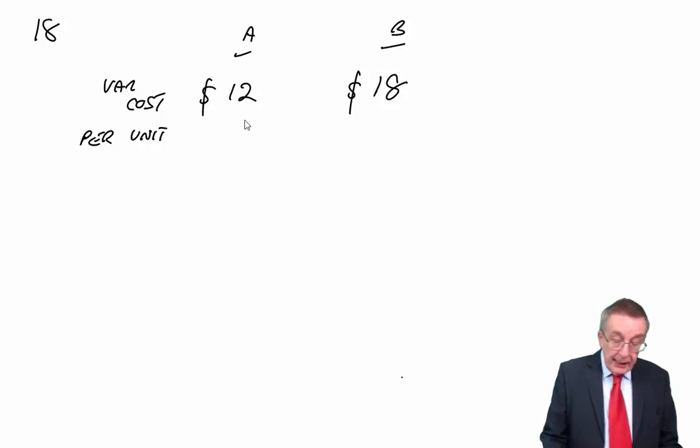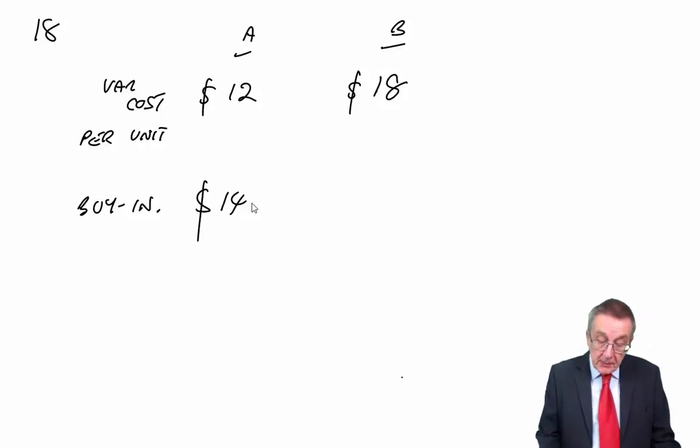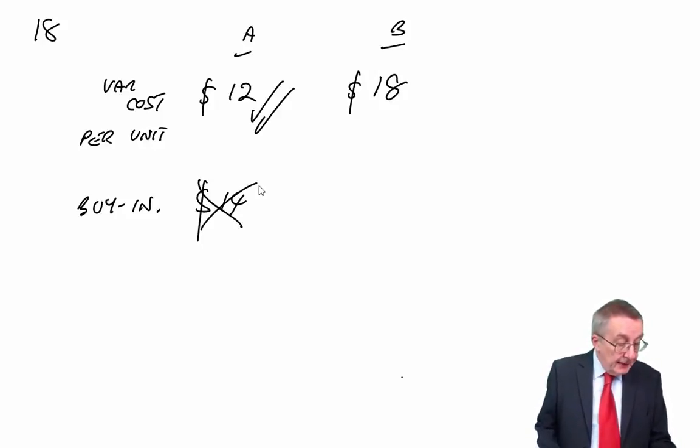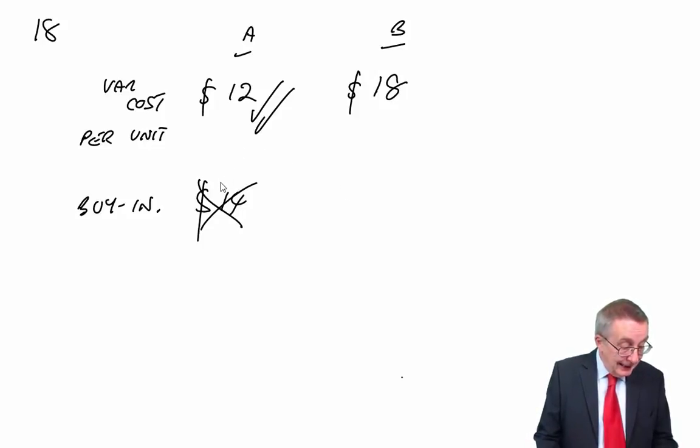And so our real choice is, component A, we can either make ourselves, and it'll be 12, or we can buy in, it'll be 14. Well, it's cheaper to make ourselves. Product B, we can either make ourselves and it costs 18, or we can buy in and it costs 17.